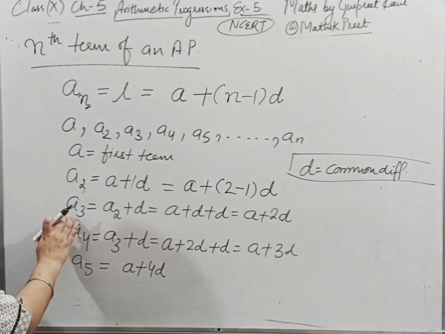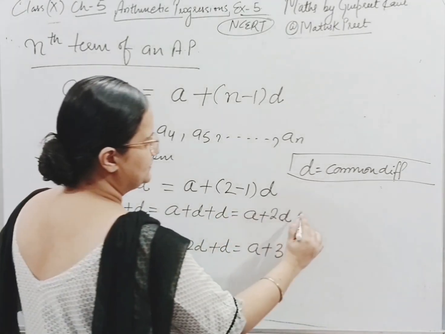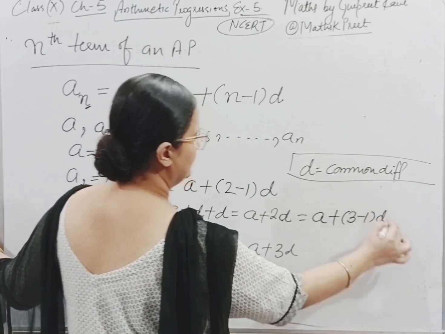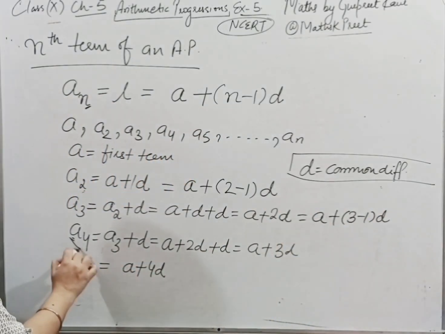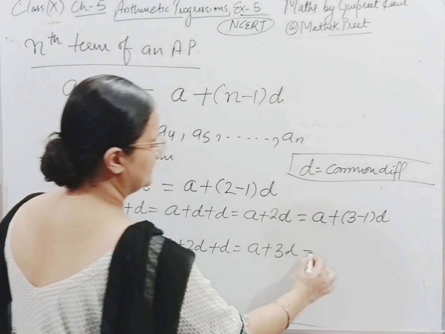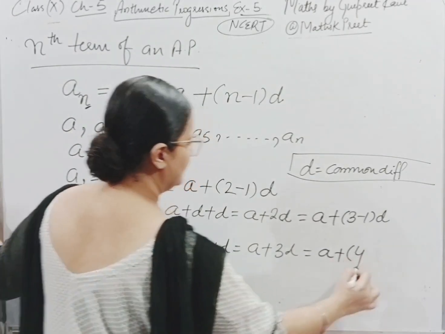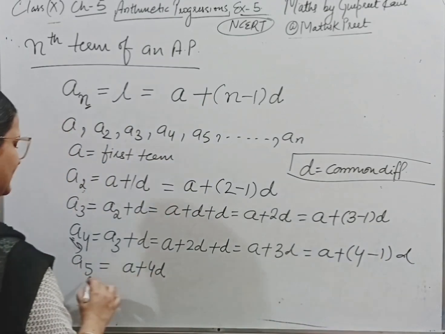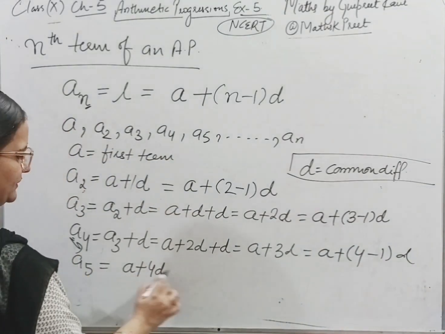Now the value of A3 is what? A plus 2D. So this 2 can be written as 3 minus 1, D. The value of A4 is what? A plus 3D. So I can write this 3 as 4 minus 1, D. Similarly, A5 is equal to what? A plus 4D.